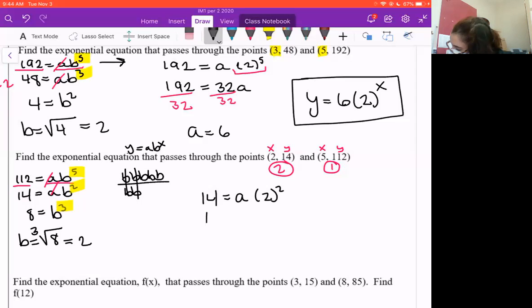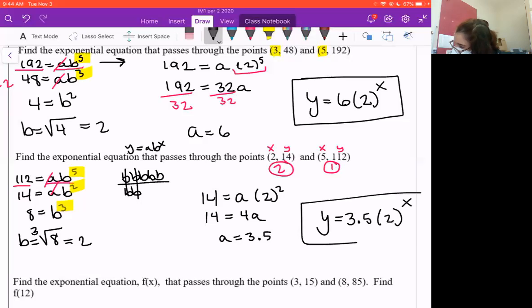So I end up with 14 equals 4a. Divide both sides by 4. And a is 3.5. Now we have our a and we have our b. So y equals 3.5 times 2 raised to the x power.